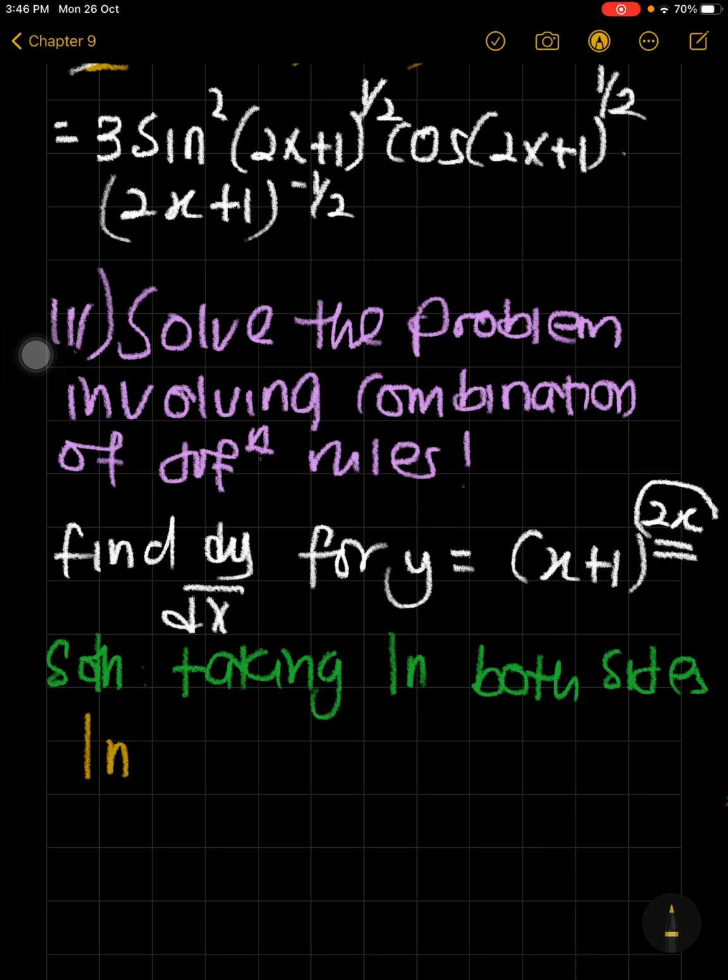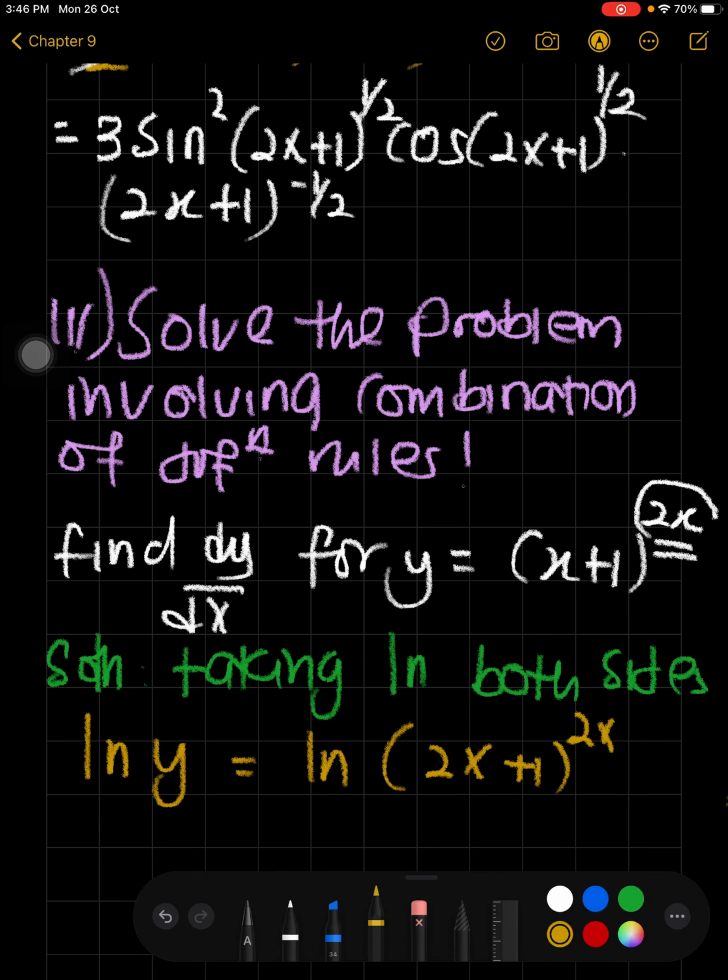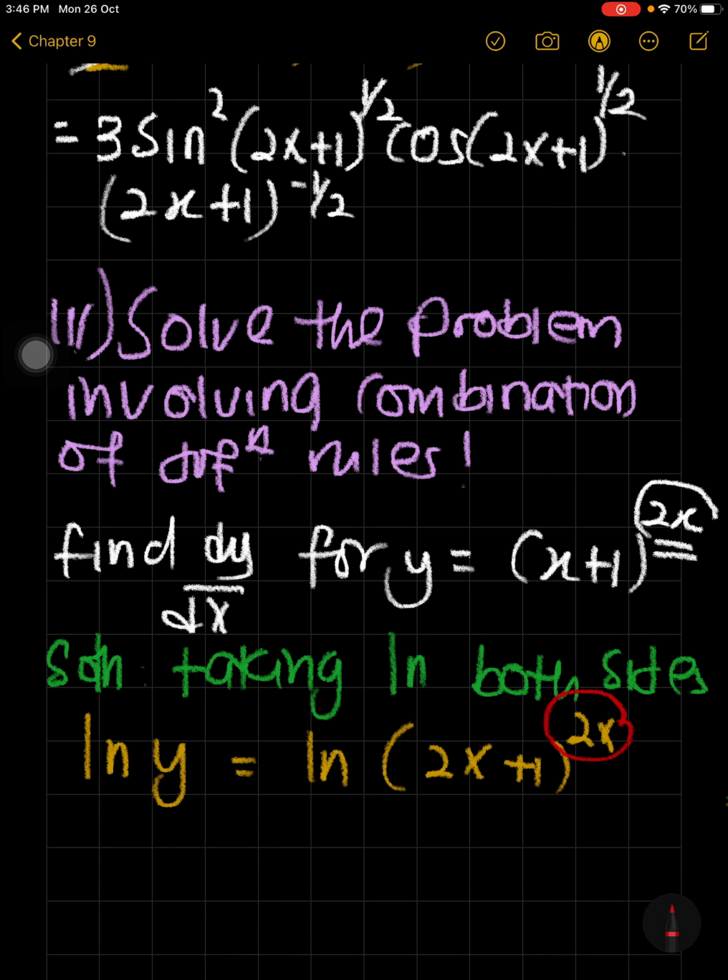So jadi ln y is equal to ln, sebab you nak bawa move benda tu kat depan, so you kena ambil ln ataupun log 2x. So okay, this will be move around, ni will be here.